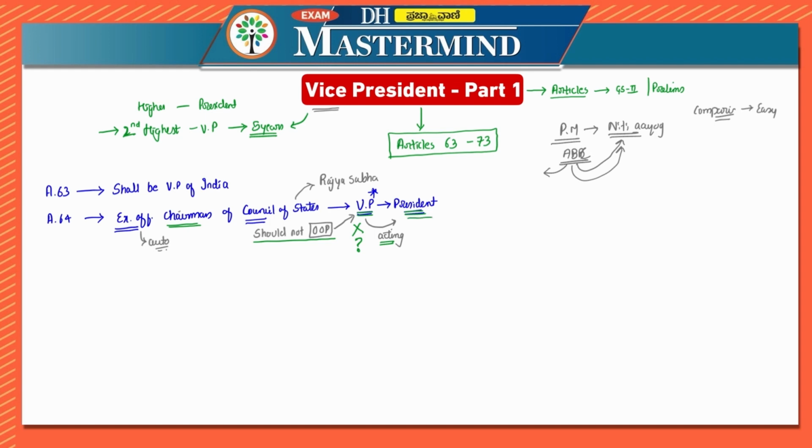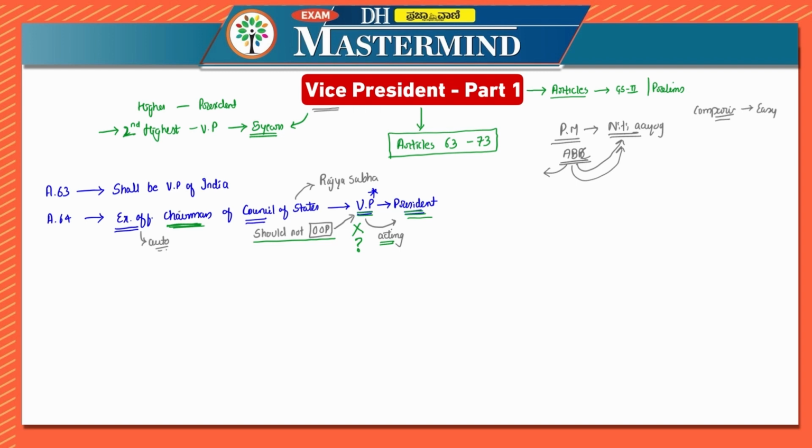So when they act as president, whatever allowances and benefits are given to the president, the same will be given to the vice president. The salaries and allowances entitled to the vice president for being chairman of the Council of States will not apply when they are acting as president, and that is said in article 97.